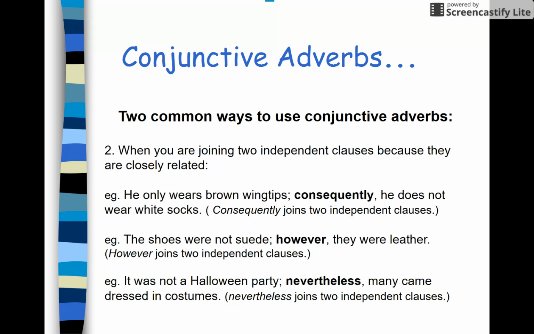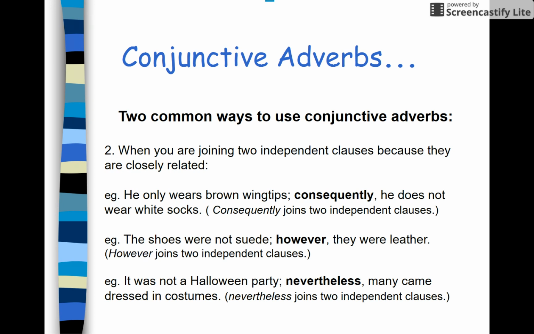The second way to use conjunctive adverbs is when you are joining two independent clauses, two main ideas that could each stand on its own and be their own sentences, but they're closely related, so you want to join them rather than just separate them with a full stop. For example, he only wears brown wingtips; consequently, he does not wear white socks.